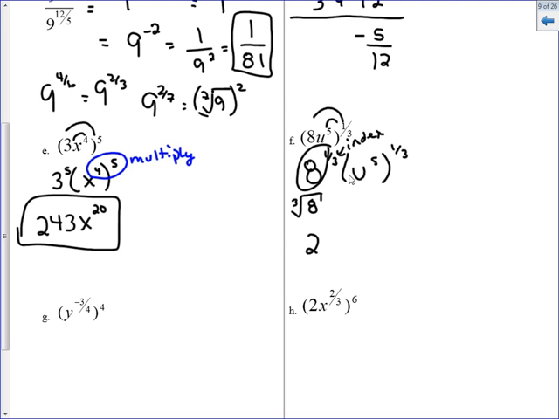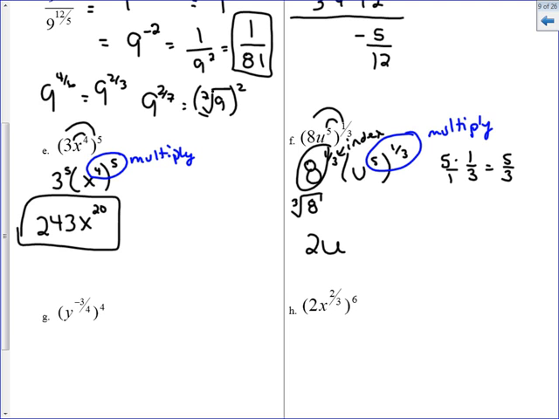And then when I have u to the 5th and I raise it to the 1/3 power, power to a power, what am I going to do with these exponents? Multiply them. So I'm multiplying 5 times 1/3, and that's going to be the exponent on my u. If you want to see it as a fraction, we can put 5 over 1. There's nothing that simplifies before we start, so you can just multiply straight across.